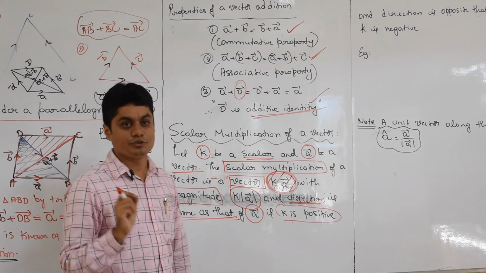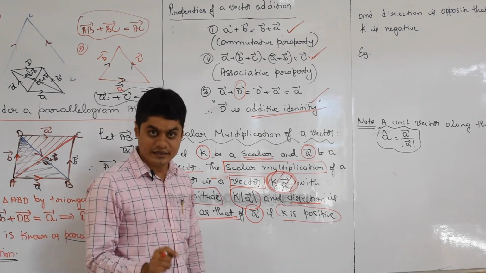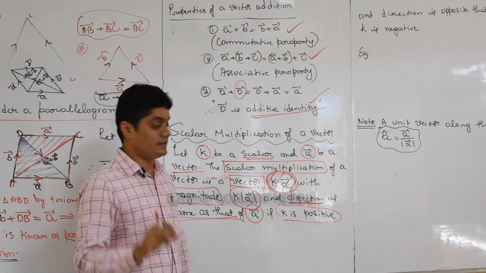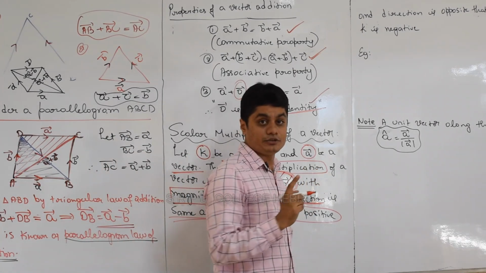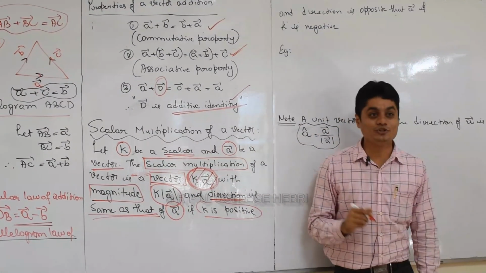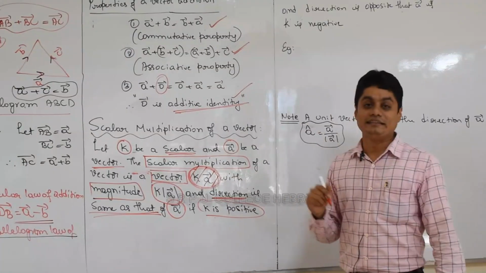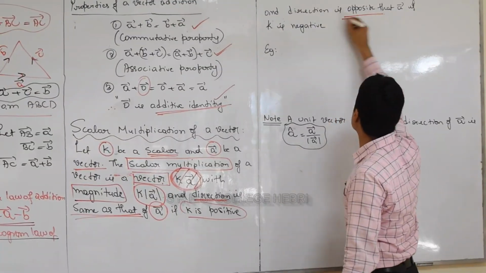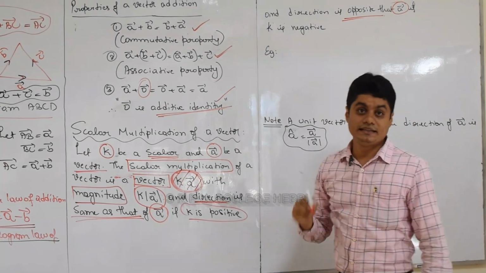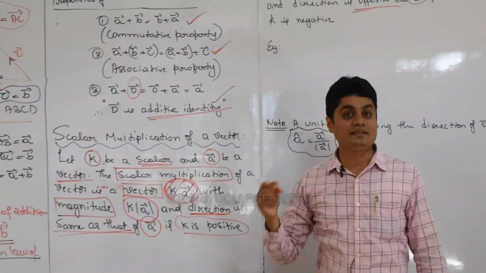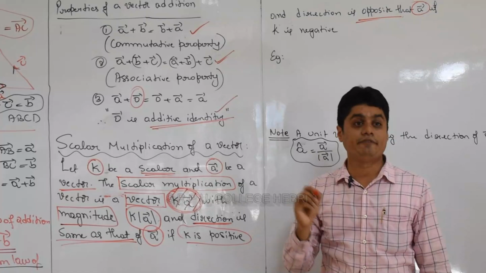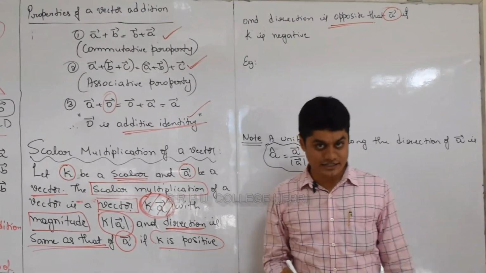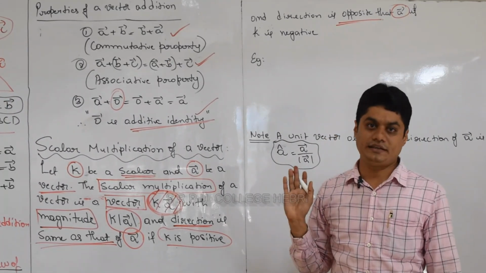But if you multiply a negative real number to a vector a, then the direction of k into a is opposite to that of vector a. The direction of k into vector a is opposite to that of vector a if k is negative. If k is positive, the direction is same as that of vector a.